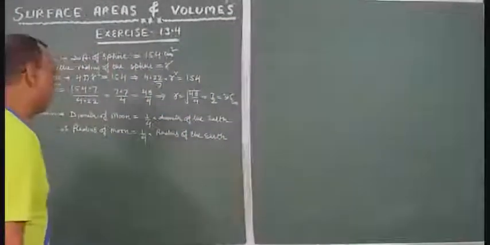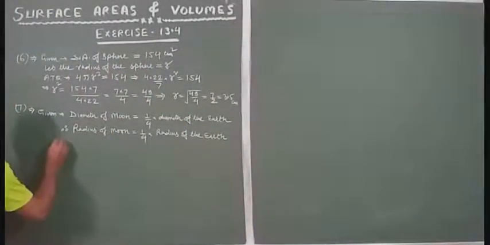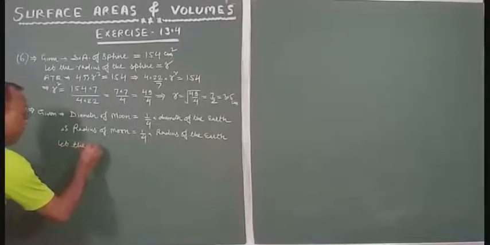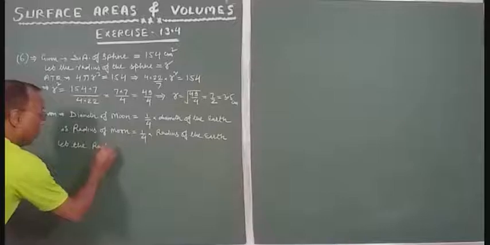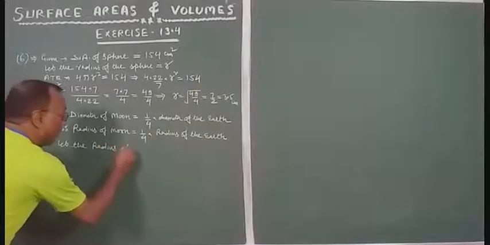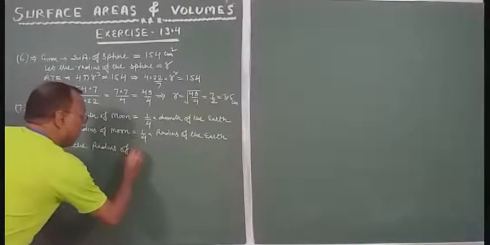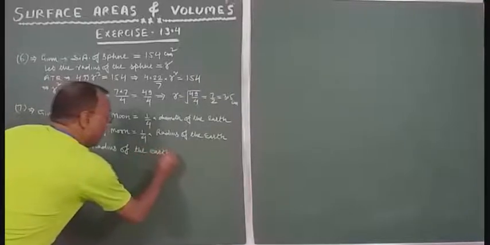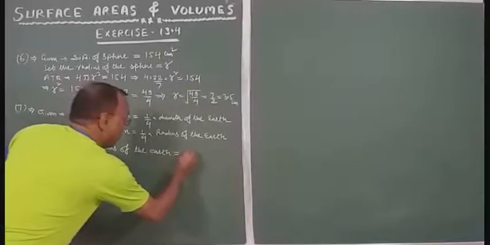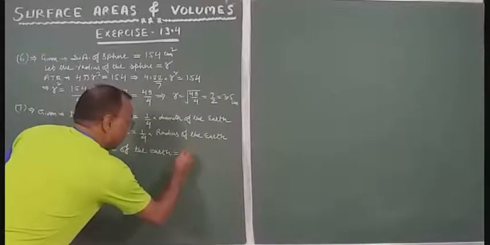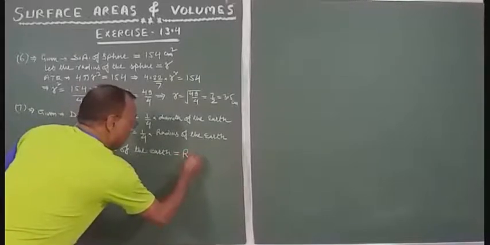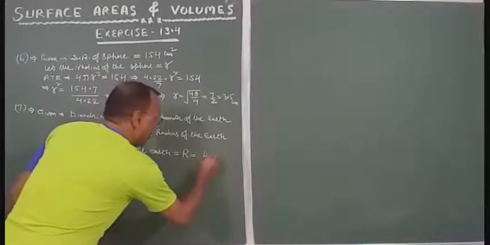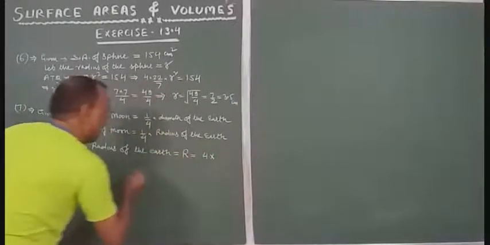So let the radius of the earth be capital R, and this is given by 4x.